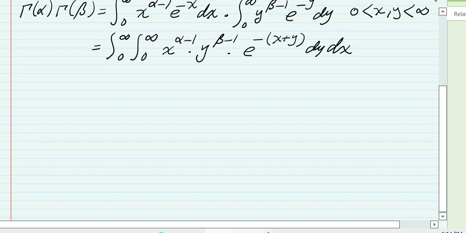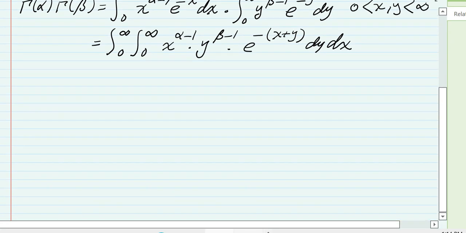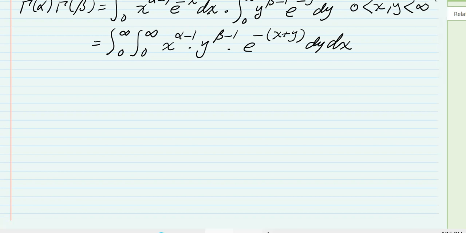Okay, now at this point we're going to make a transformation to be able to work this double integral. Here we're trying to find something that relates the exponent x plus y in e to the negative (x plus y). So my proposed transformation is going to transform a region in the xy plane to a region in the uv plane. Capital T here represents a mapping from the xy region to a uv region.